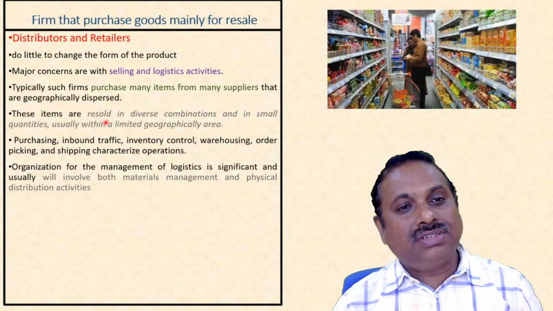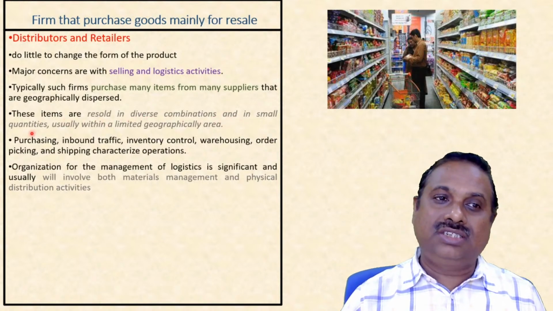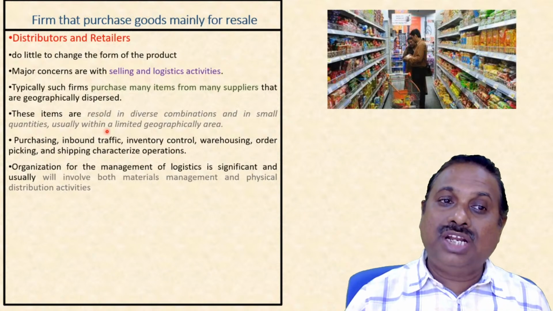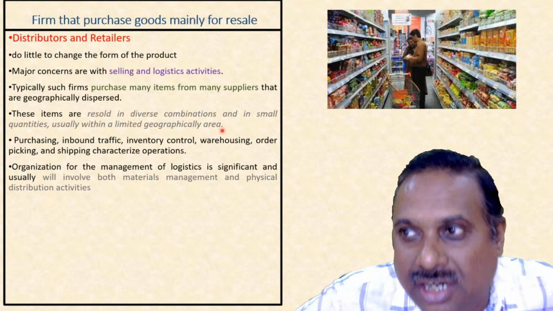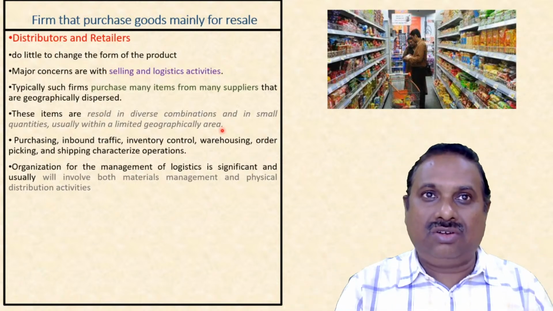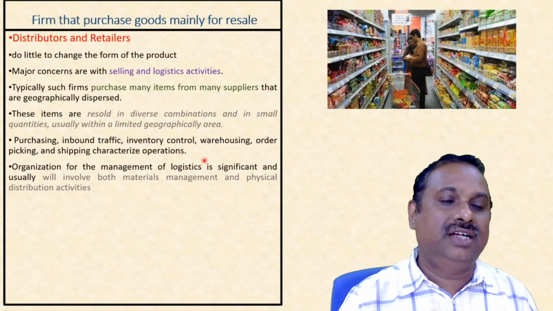These items are resold in diverse combinations and in small quantities, breaking the bulk, usually within a limited geographical area, because a distributor or a retailer acts in some restricted area.